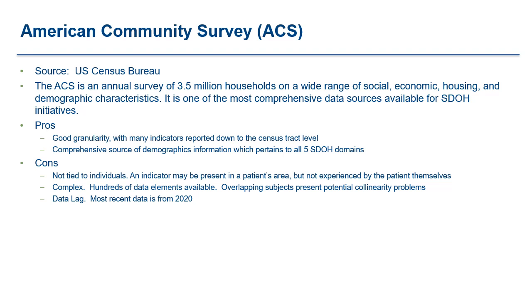For example, you may have a census tract which is flagged for people having low access to cars, and you say to that patient, "Oh, I see from the census data you live in an area where people don't have access to cars." The person looks at you and says, "What are you talking about? I have 3 cars in my driveway." Because you're dealing with an average, but the person themselves may not fall into that average or median.